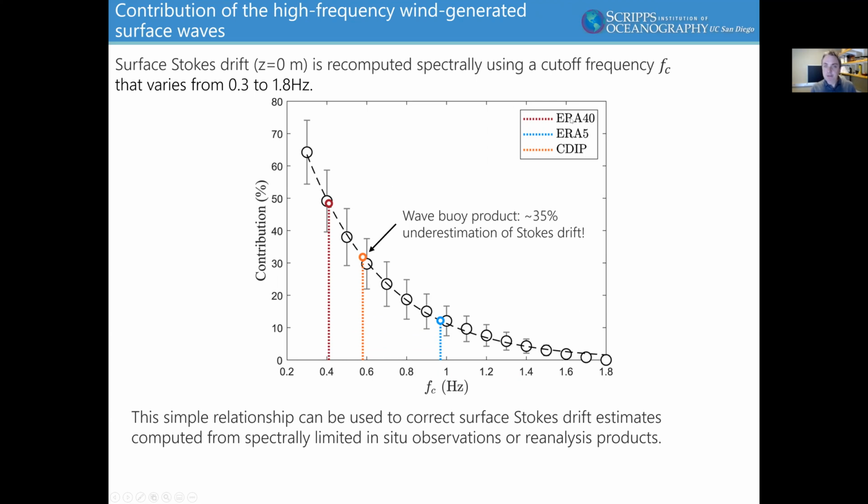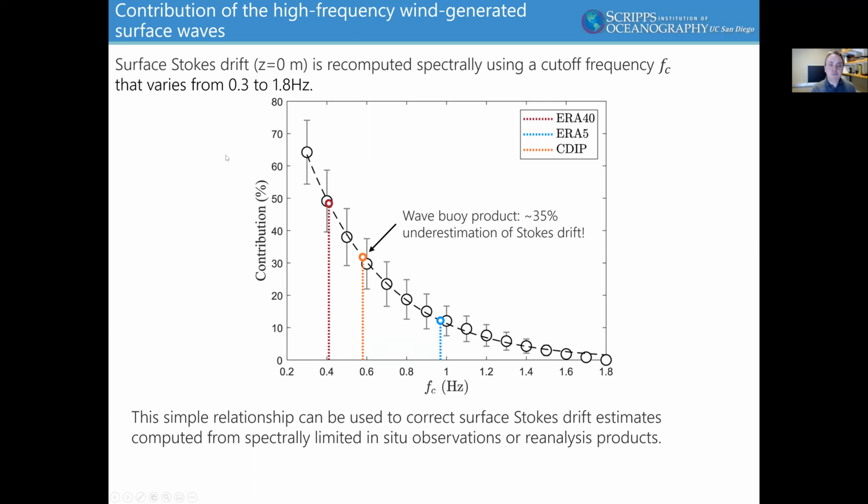I'm also showing known cutoff frequencies from various products: ERA-40, ERA5, and wave buoys from CDIP, which is a state-of-the-art, high quality measurement from wave buoys, with a cutoff frequency of 0.58.